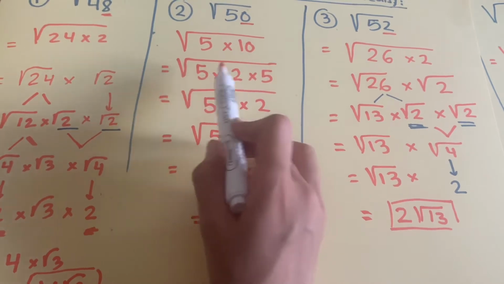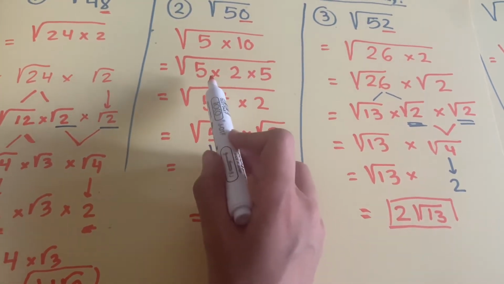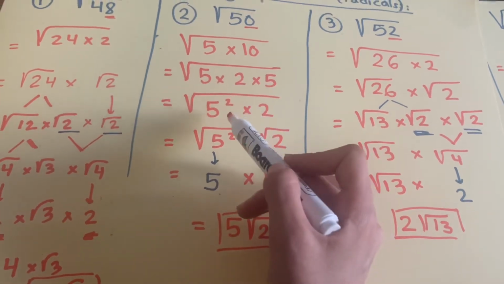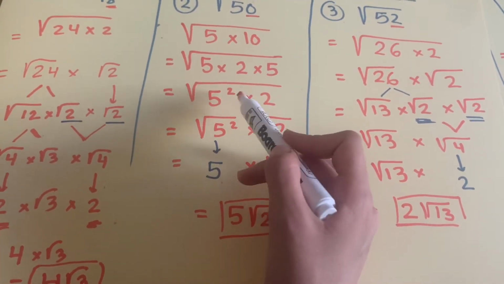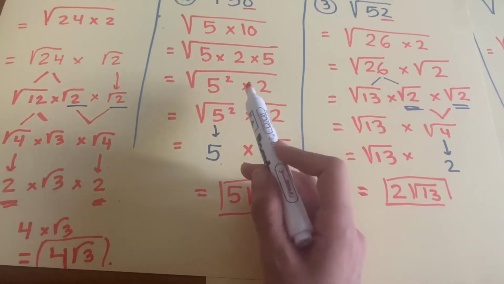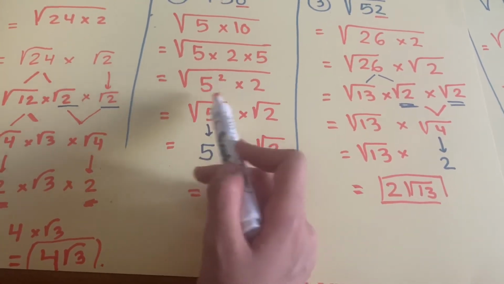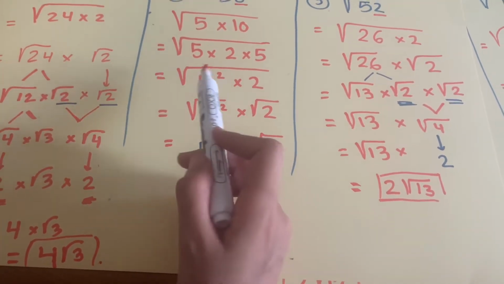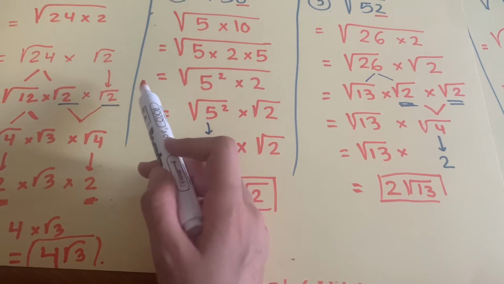Don't you have now 2 5's? Because 5 times 5, remember, multiplication is commutative, so I can play with the order of the numbers. I don't care. So this is equal to 5 squared, right? Or 25 times 2. Now I can split them, or from here, if you have multiplication or division, you can directly remove this outside. Since it has power 2, you can write it out as 5.